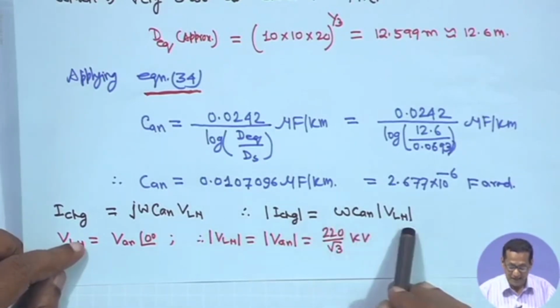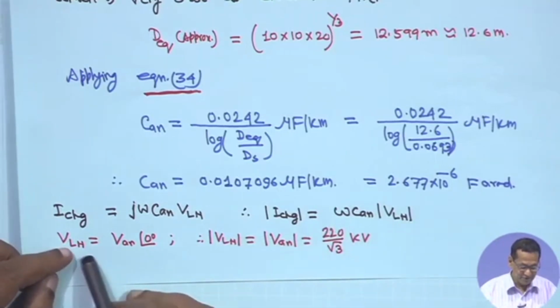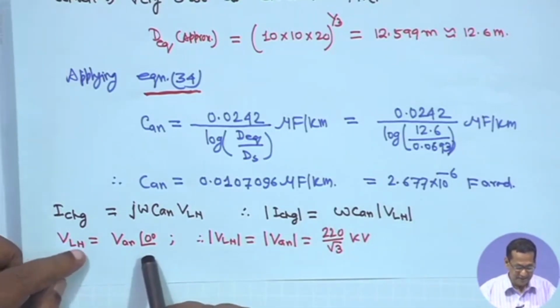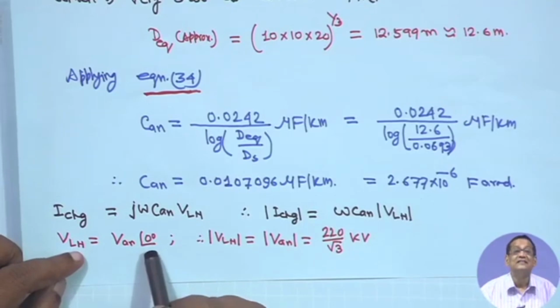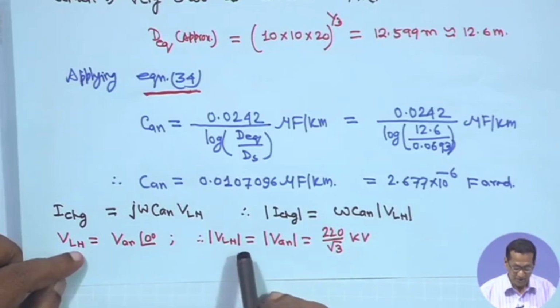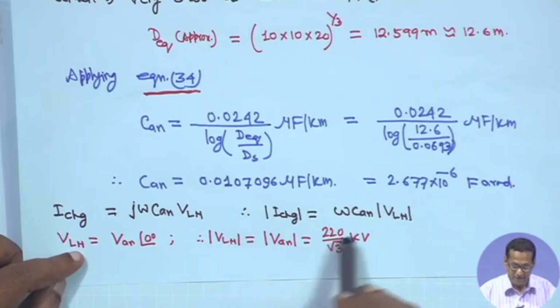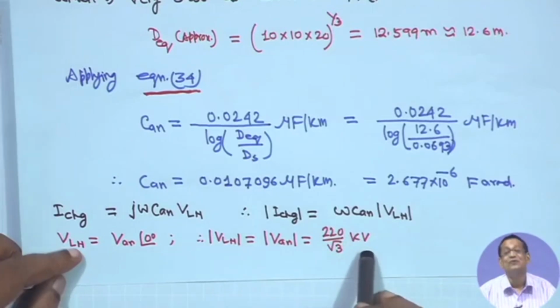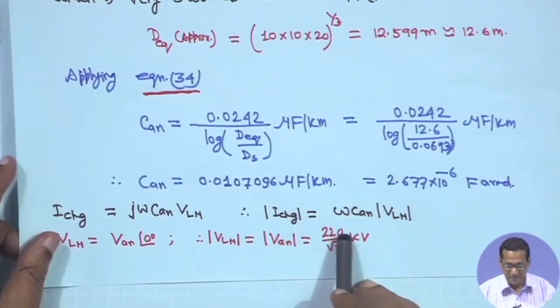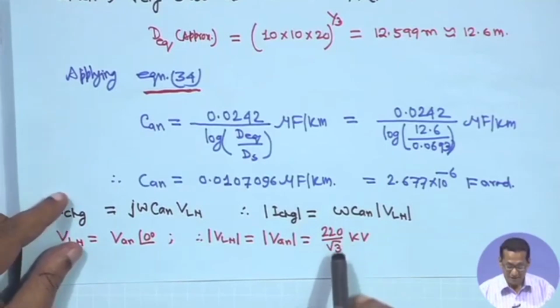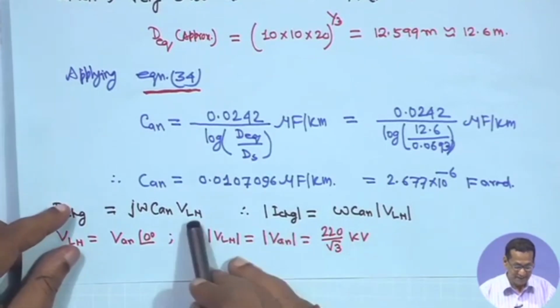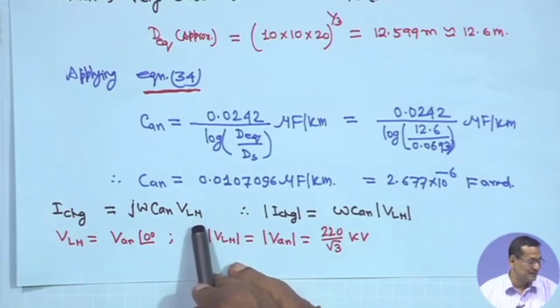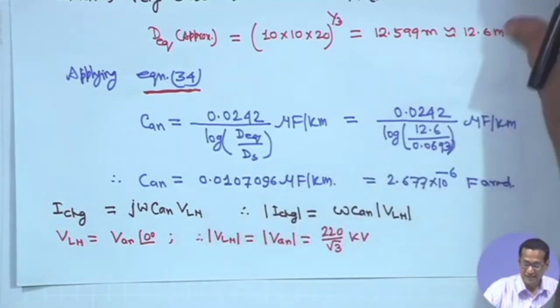If VAN is the reference phasor, then it will be VAN angle 0. Therefore, magnitude VLN is equal to 220 upon root 3 kilovolt, because the line to line voltage was given as 220 kV. So 220 upon root 3, because you need the line to neutral voltage VLN.